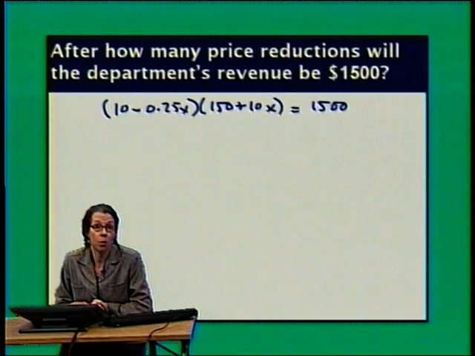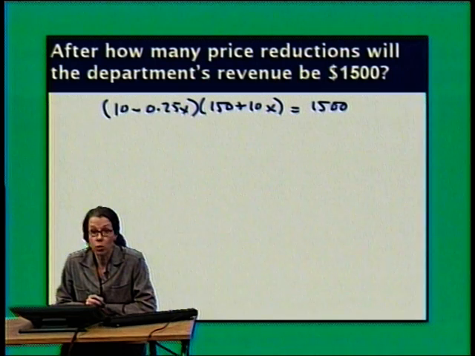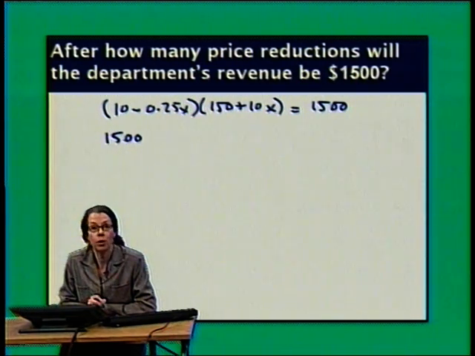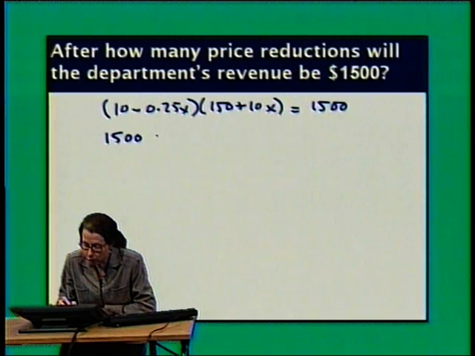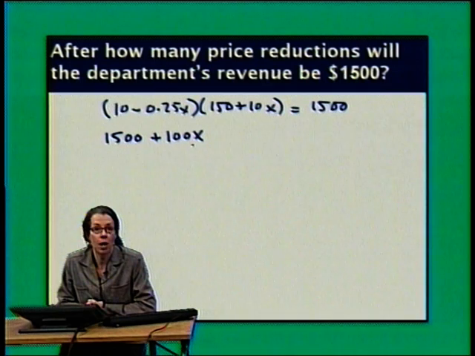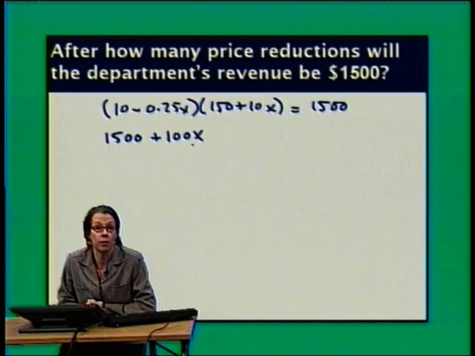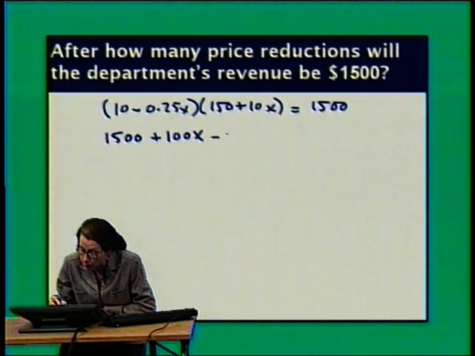Now to solve this equation, I need to expand the left-hand side. So using FOIL, the product of the first terms is 1,500. Product of the outside terms is plus 100x. Product of the inside terms, let's see, I need to figure out 1/4 of 150. That's going to be 37.5.